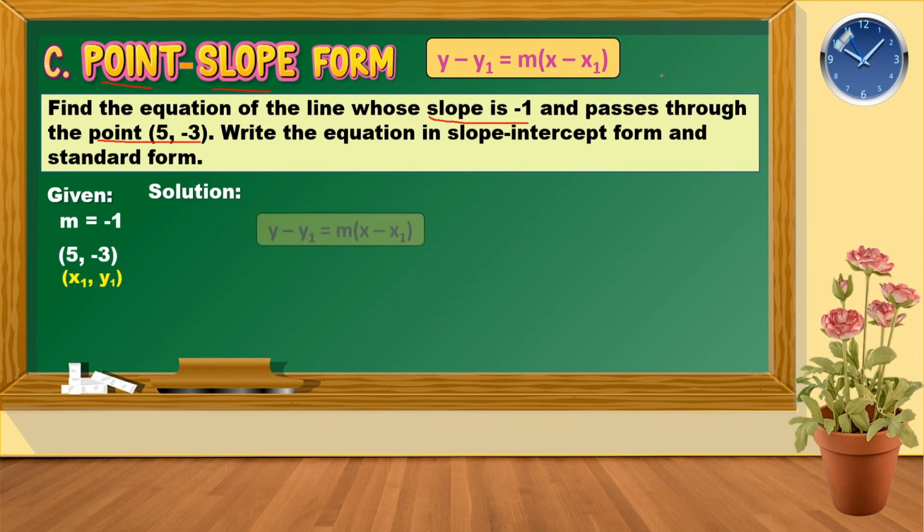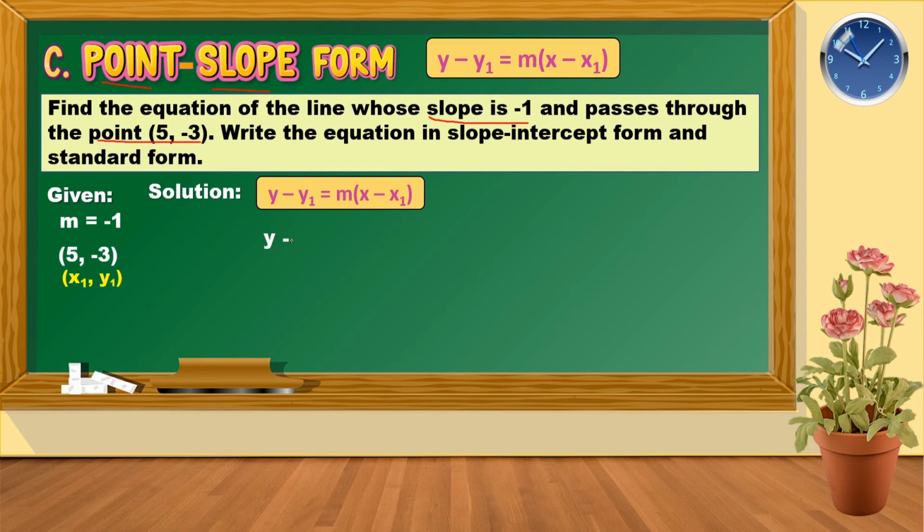Next is rewrite again the given. So, substitute lang tayo ng substitute base sa ating given formula. So, yung y natin is a variable, so write lang. Minus y sub 1. Ano yung value ng y sub 1 mo? Negative 3.